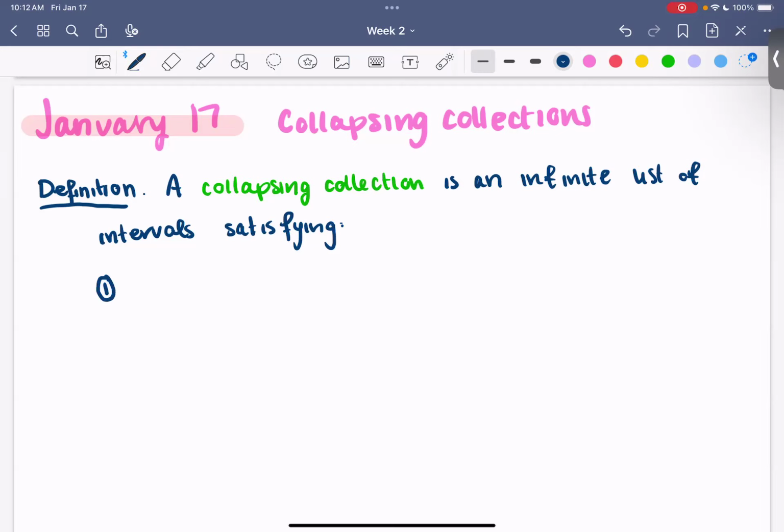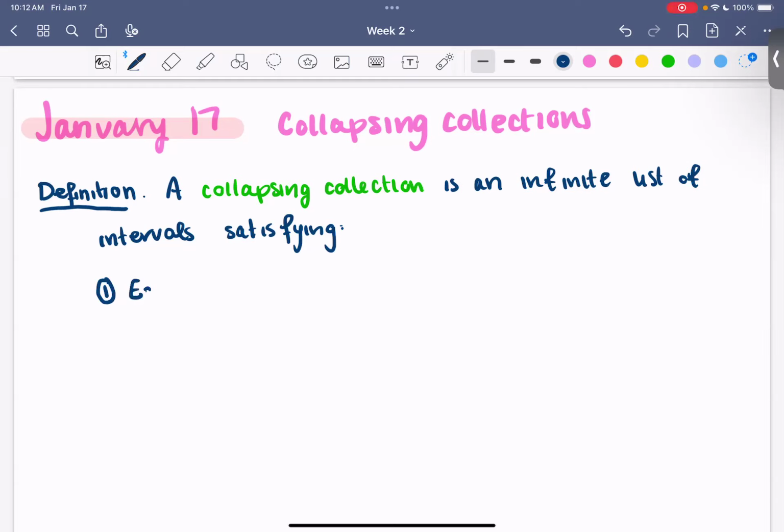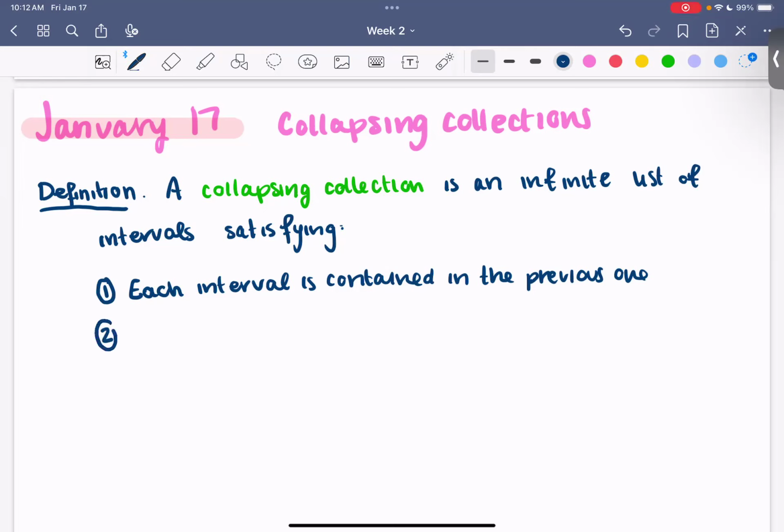So the intervals are getting smaller and smaller. And then the second condition is that there is at most one number that's contained in all of the intervals. So I'll write that down and then we'll dive into it a little bit deeper.